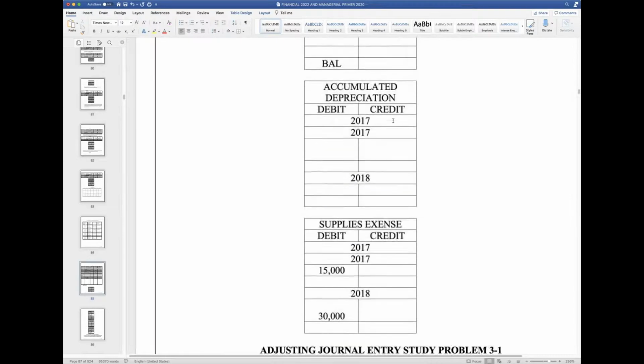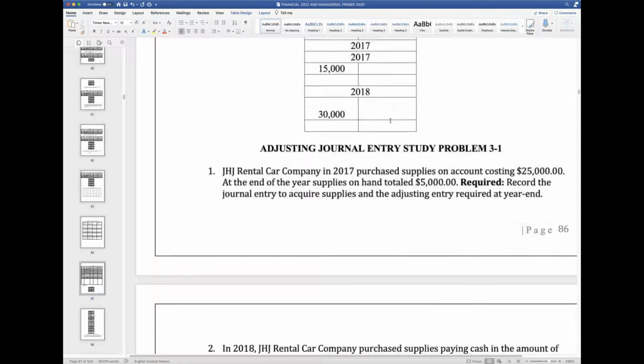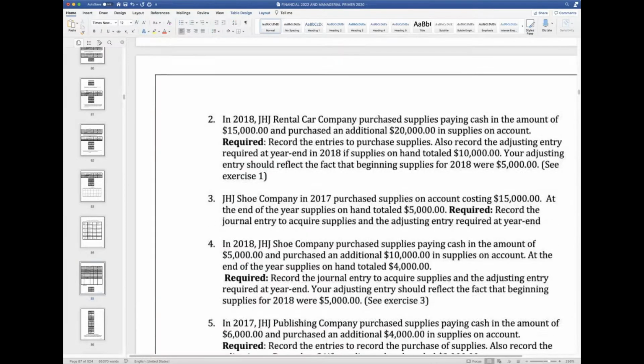So that you can practice on everything, I assume you got your paper. Do 3 and 4. So take out some paper and work 3 and 4.